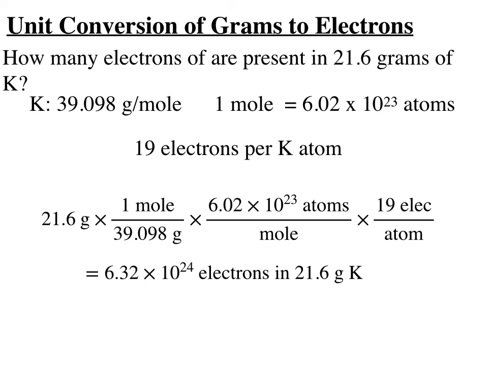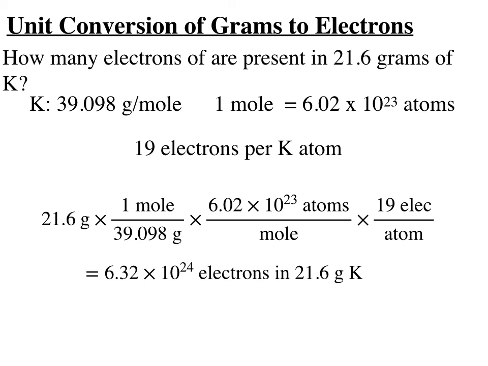That is done by multiplying by Avogadro's number. The reason I know to multiply by Avogadro's number is I'm trying to eliminate the moles. So the mole part of that conversion factor goes on the bottom. That naturally puts the number of atoms in that mole on the top.